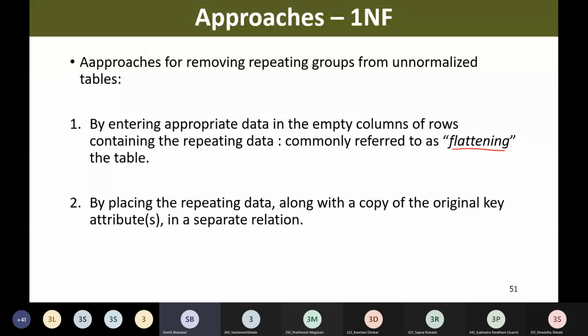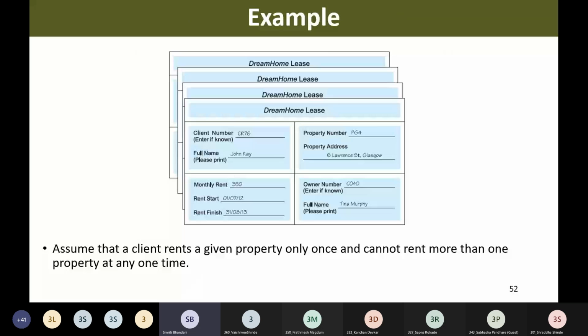So let us see one example. Suppose we have property cards. There are a few properties and those properties are being rented to certain clients. For every property there is a property card, a lease card like this.